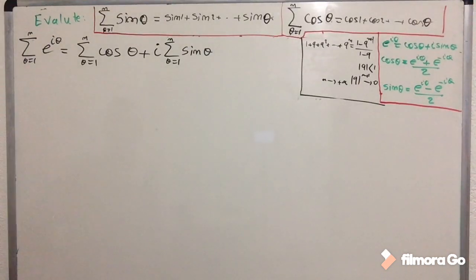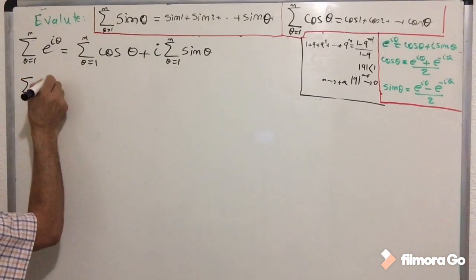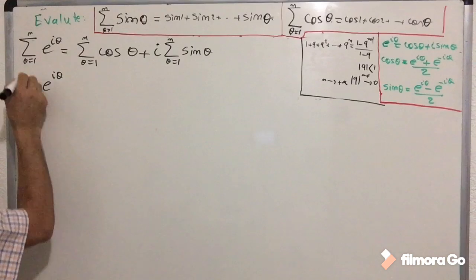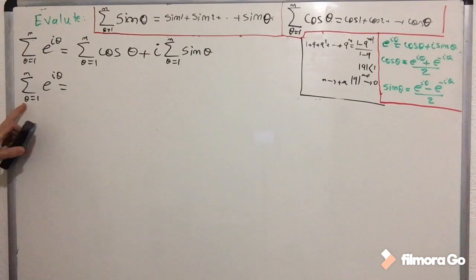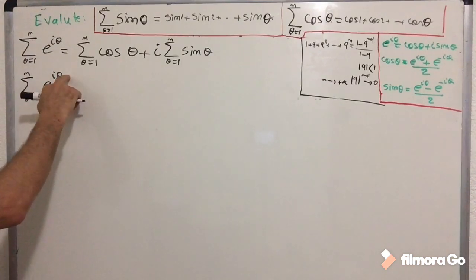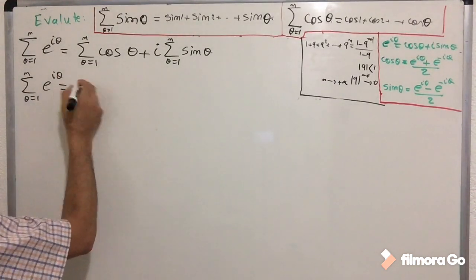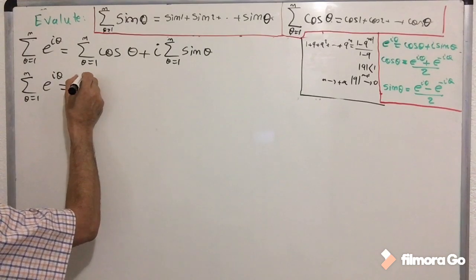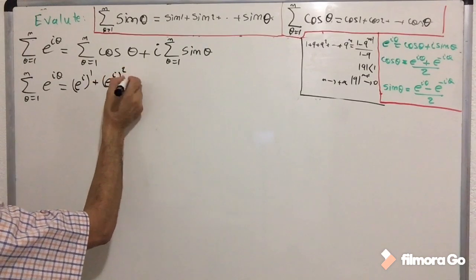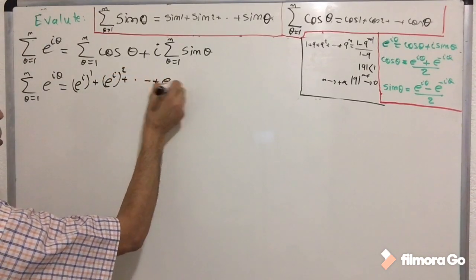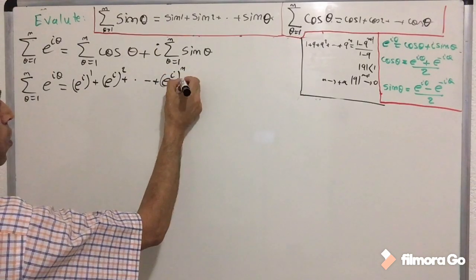Let's expand this one to see what it gives us. The sum of exponential i theta, always from 1 to n, equals, let's expand it to see every single term individually. Exponential i to the power 1, plus the second term i to the power 2, and so on until you get the last term, exponential i to the power n.